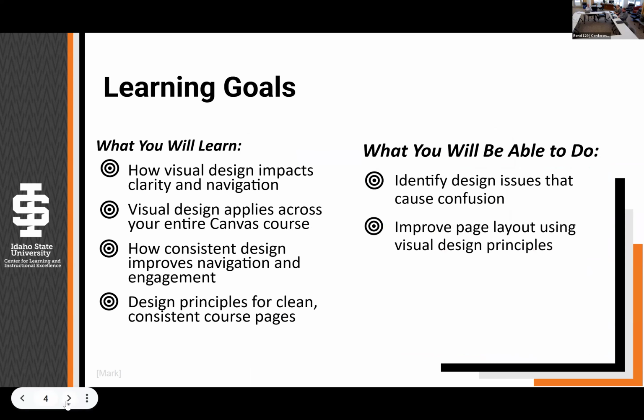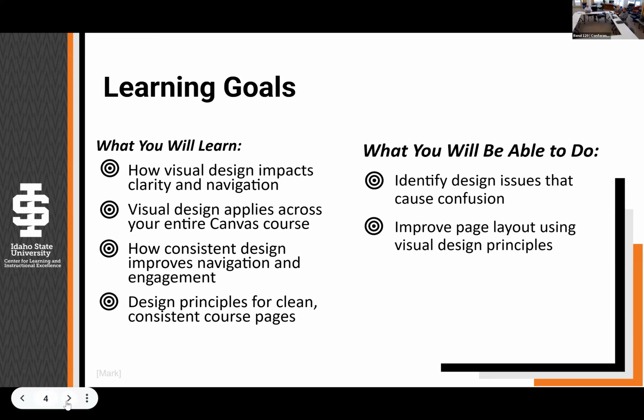And so some of the learning goals for today, we're going to talk about how clarity and navigation are impacted by the visual design of your course, and how you can apply that across your entire Canvas course. So it's not just one aspect. We're going to talk about multiple aspects, how having a consistent design helps with navigation, but that also helps with student engagement.